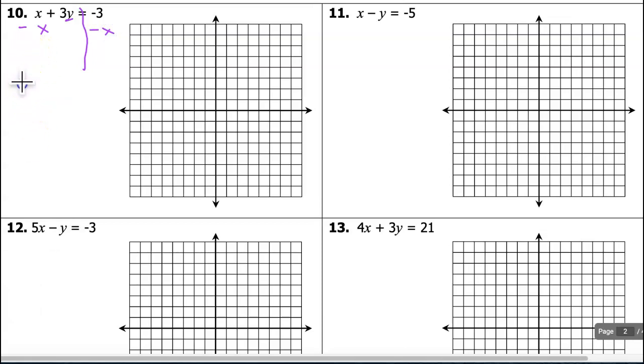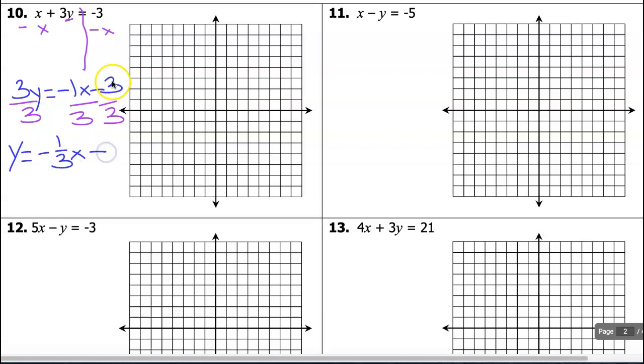Now I have 3y equals -1x minus 3. And then we divide all of the numbers by 3. So we're left with y equals -1/3 x minus, and then 3 divided by 3 is 1.